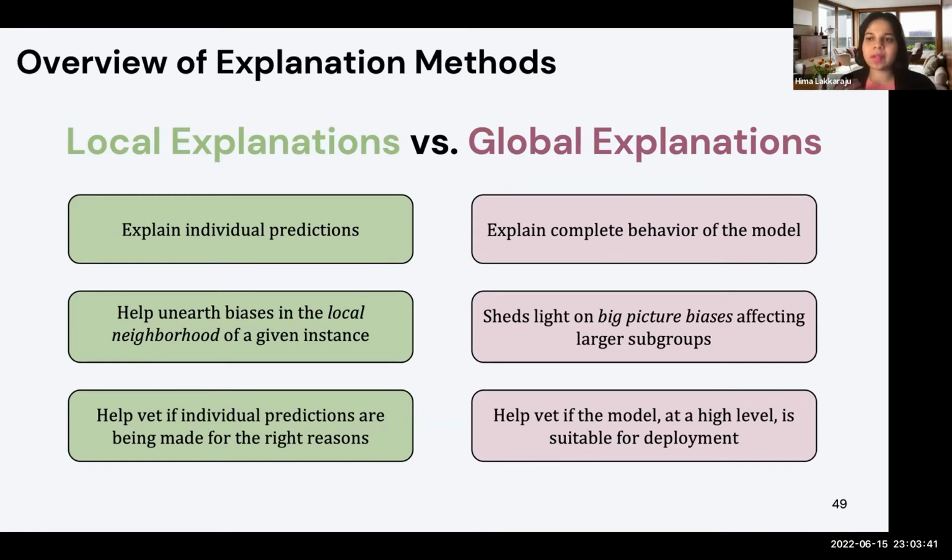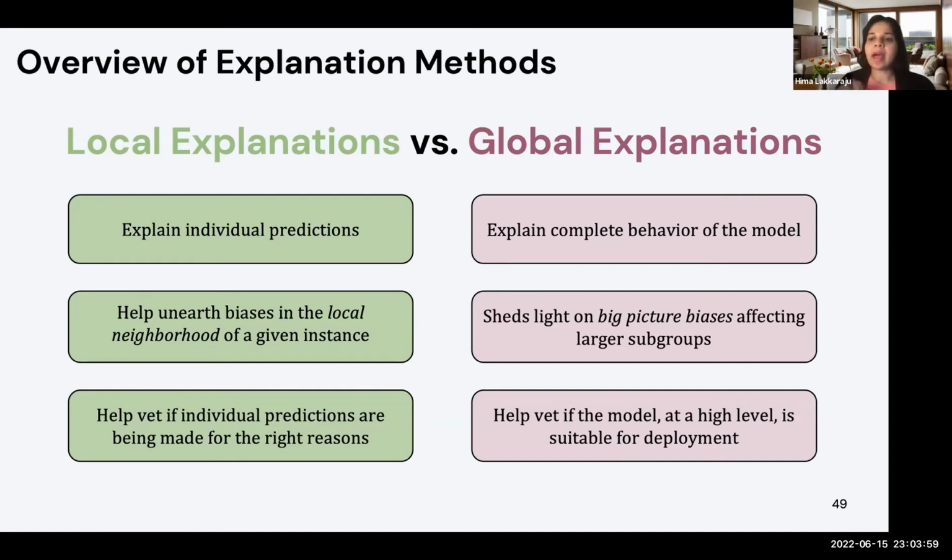Global explanations, on the other hand, aim to explain the big picture view or the complete behavior of a given model. And in doing so, they shed light on these big picture biases which affect larger subgroups in the data, not just individual points.